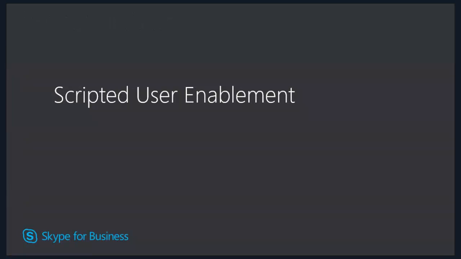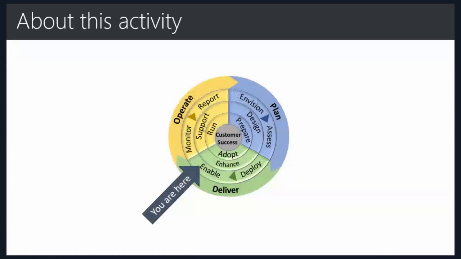So scripted user enablement, what is it and why do we need it? First of all, within the operations framework, this sits in the enable phase of our deliver phase. Once you've gone through all of the necessary planning and architecture and site assessments, and you're ready to finally move users online or enable users online for additional features, this is where you will be using the scripted user enablement assets and script.